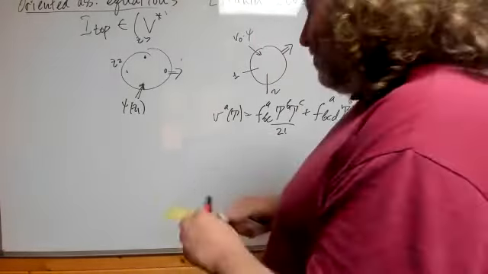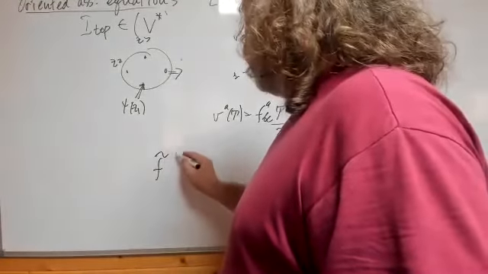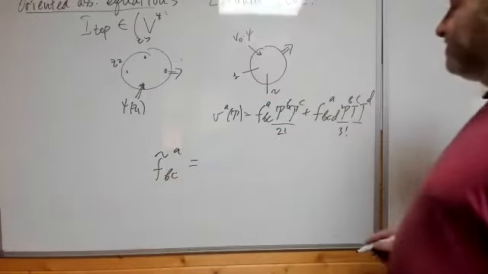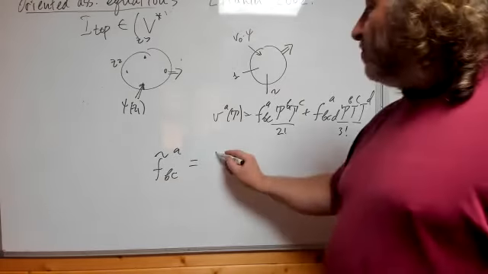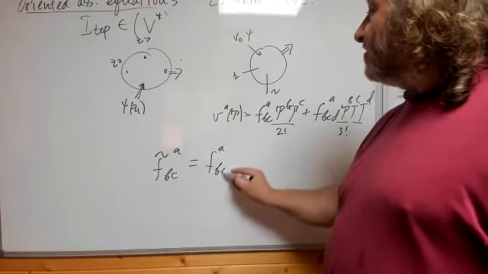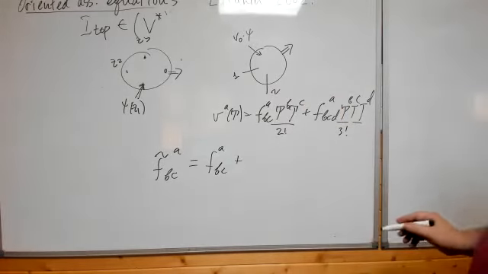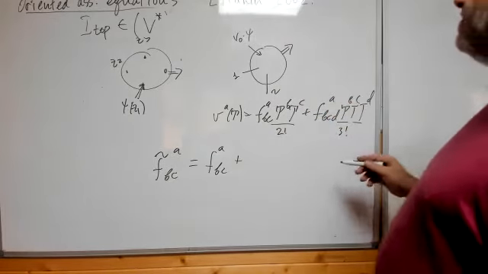So the new operation f tilde_ABC would be the old f_ABC plus, what should we have here?